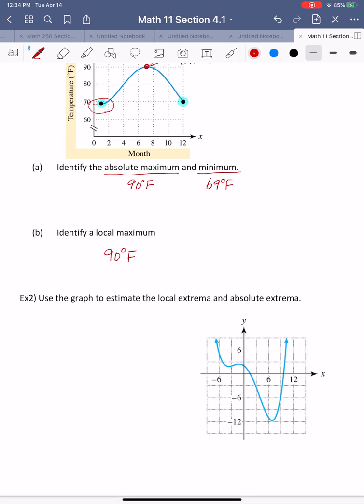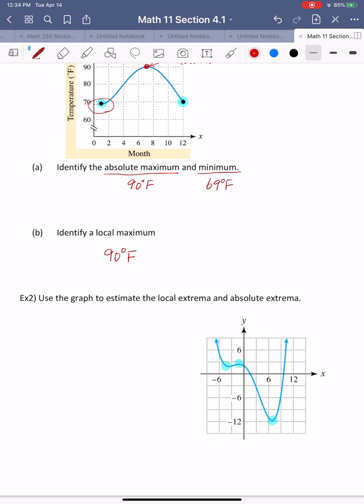Okay, number 2, use the graph to estimate the local extrema and the absolute extrema. So we have to check the turning points. There are some points that we can think about, about here and about here. I think these 3 points are something we can talk about, okay?